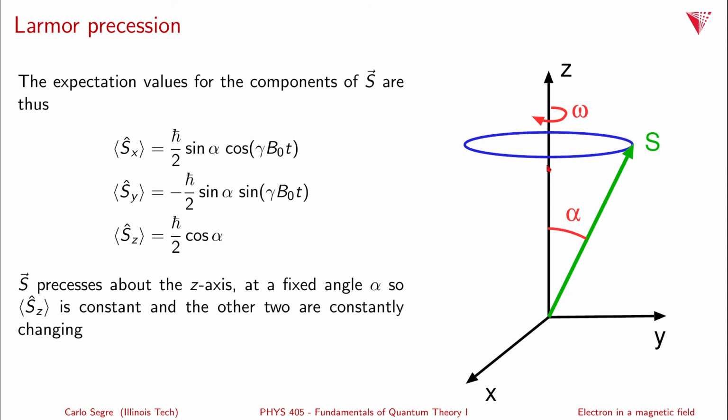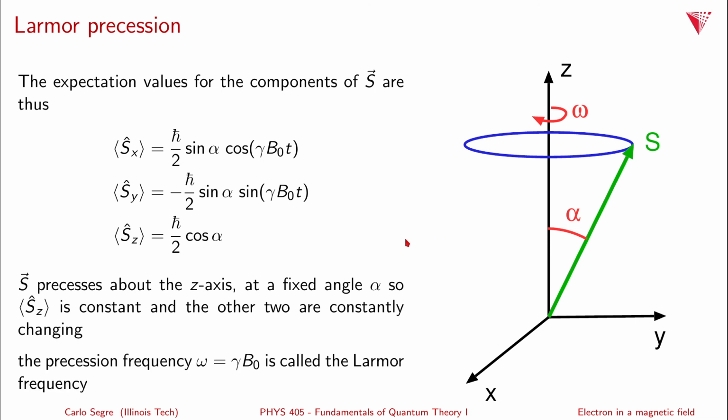The x component looks like a cosine, so time equals 0 starts here, and then you're rotating in this direction. Because this is negative, you're rotating in the opposite direction, so the clockwise direction in this case. And sx and sy are constantly changing. The precession frequency, gamma b sub 0, is called the Larmor frequency.